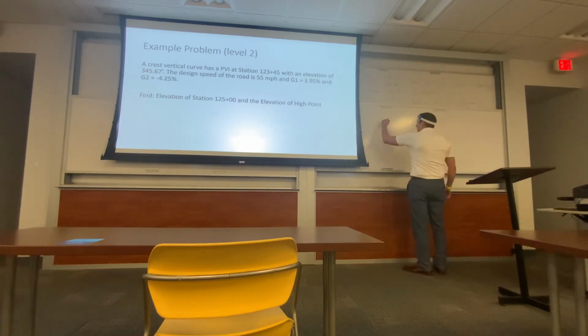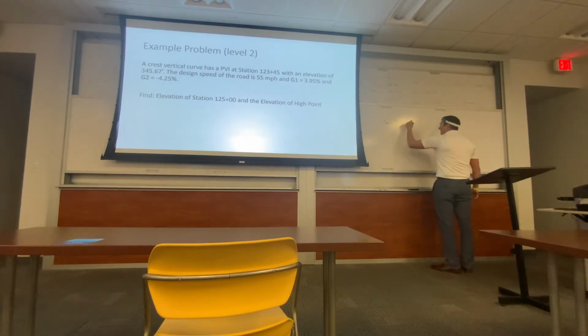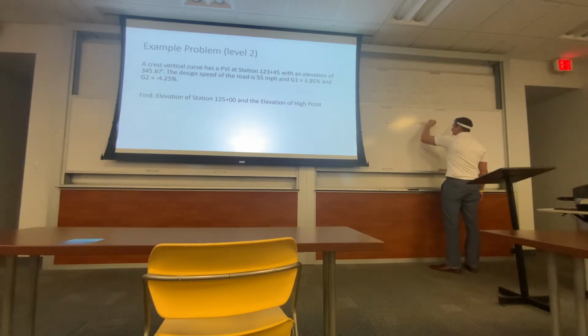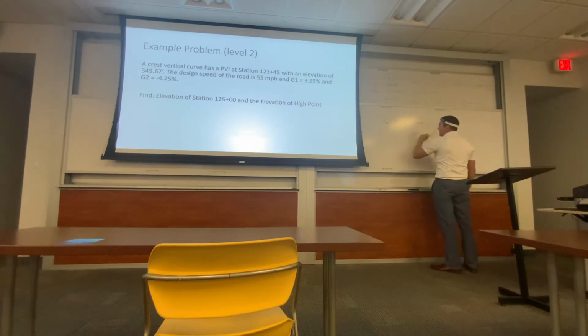Okay. X for the high or low point equals G1 L divided by G2 minus G1. Therefore, we have 0.0395 times 1070 divided by, isn't it G1 minus G2?